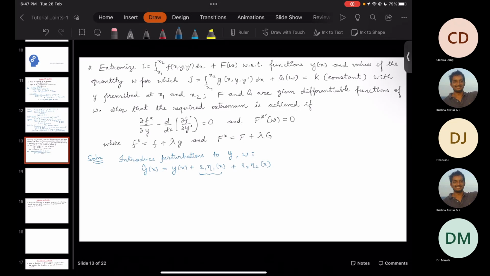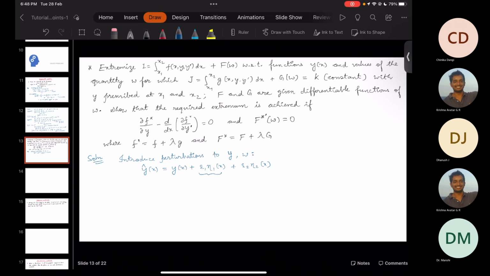So we require another perturbation function to compensate for that, such that we also satisfy our isoperimetric constraint. And this is provided by the second perturbation function, which is eta 2 here. And mind you that both eta 1 and eta 2 are differentiable at the very least.